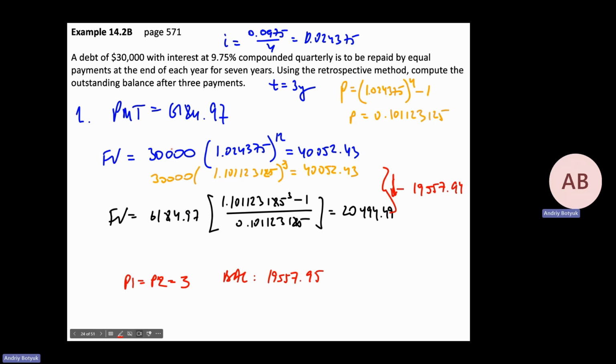For the first calculation, I would say it's more convenient to use P, because then you don't have to think about how many compounding periods there actually are. The exponent will be the number of payments, right? So it eliminates one more chance to make an error.